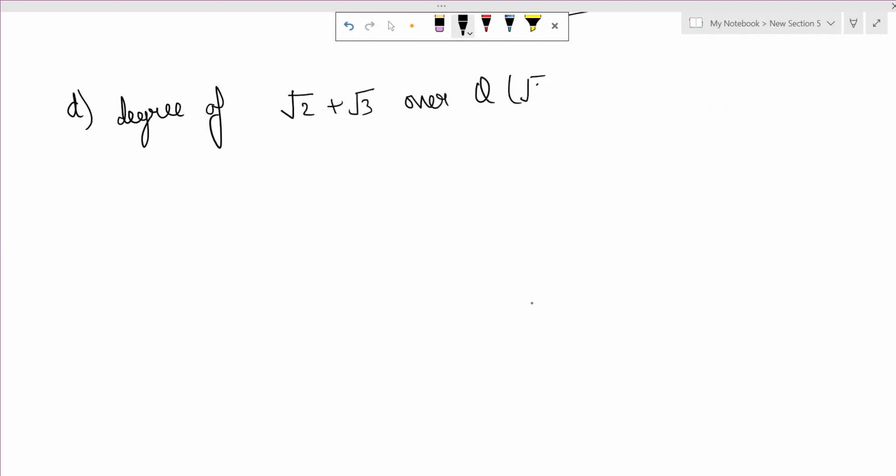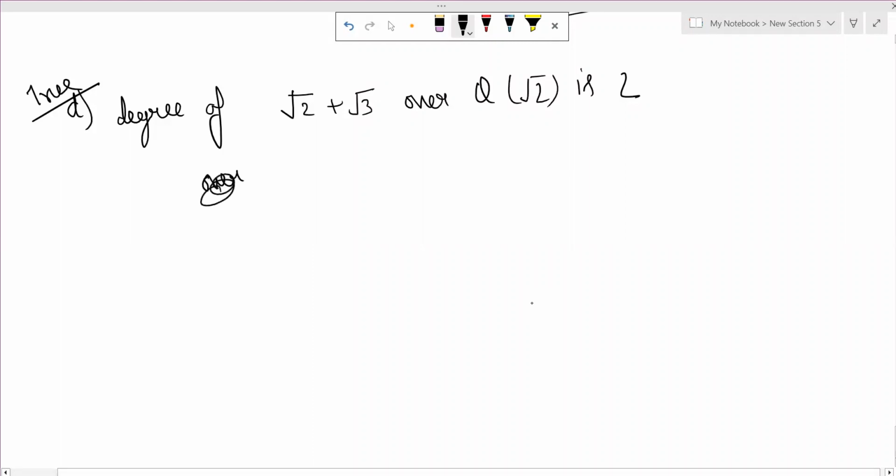So the last part is saying the degree of root 2 plus root 3 over Q root 2 is 2. This is true. Why? By the previous argument.